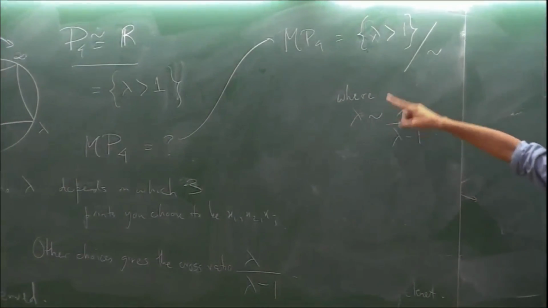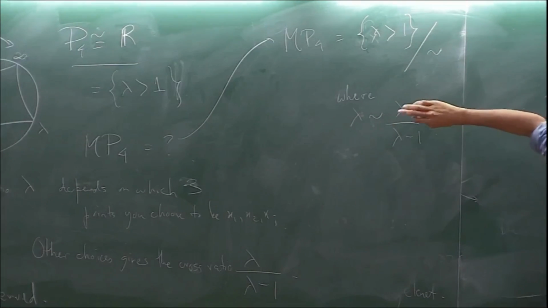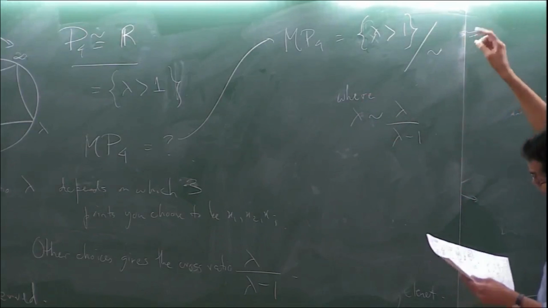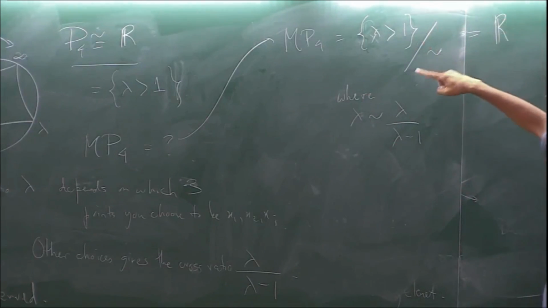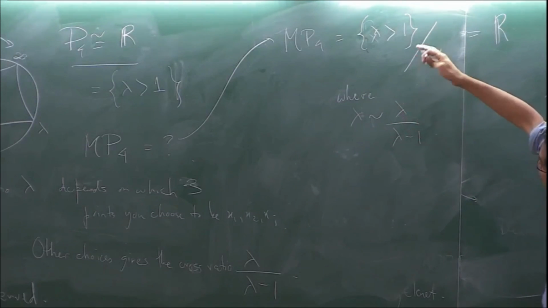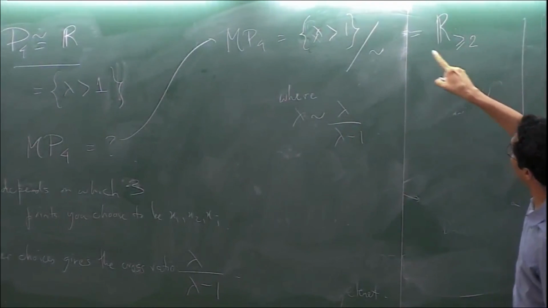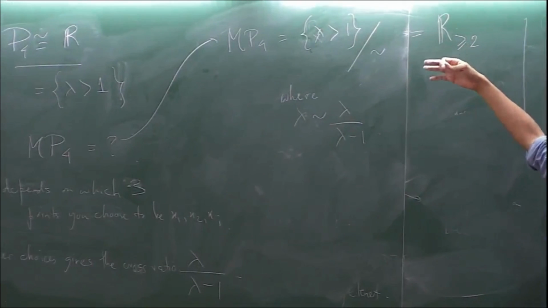These two are actually different labelings. You can check that this is just lambda greater than or equal to 2, a fundamental domain for this action of Z mod 2Z on this set. The fundamental domain is all points greater than or equal to 2. So that's the moduli space of ideal quadrilaterals.